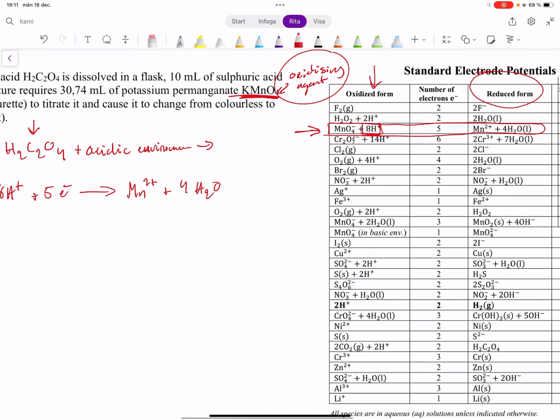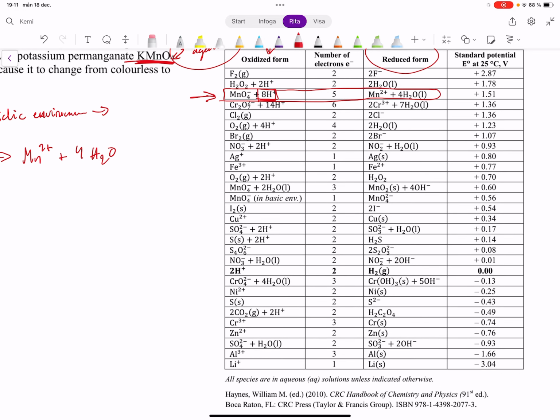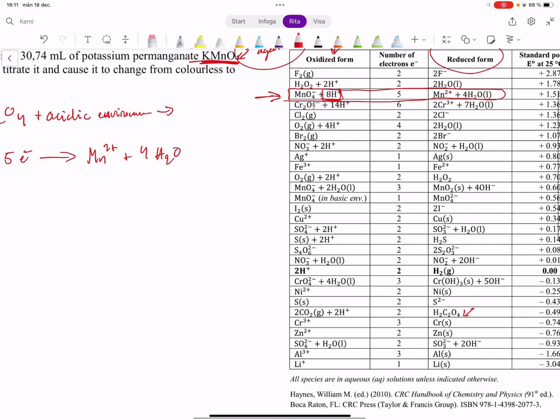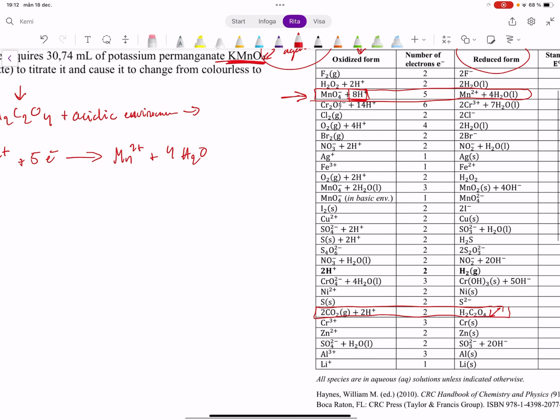And it's H2C2O4. You can see here we have H2C2O4, and you just write the half equation for this now.